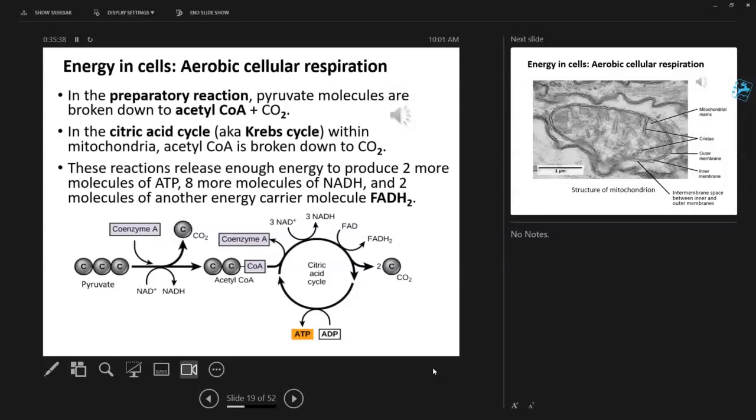But then this citric acid is broken down, releasing carbon dioxide, and so it's a continuous cycle. One carbon dioxide is removed, but then what's left combines with more of this, and then that's broken down, releasing more carbon dioxide. But with every cycle, some energy is released. And that energy is used to recharge some NADH and make a little bit more ATP.